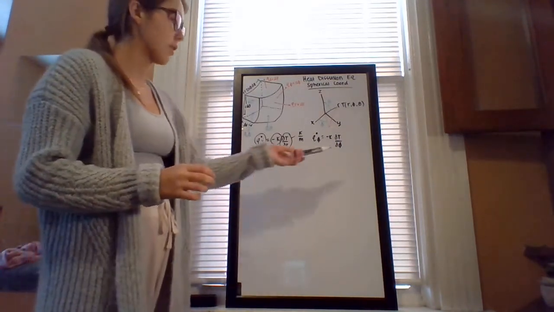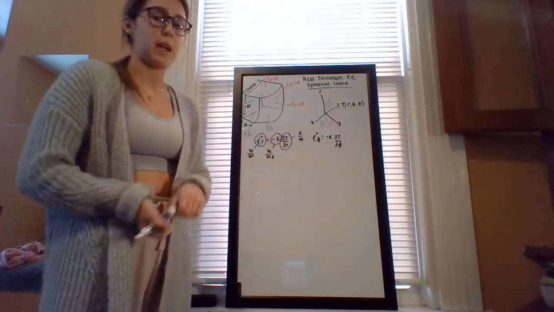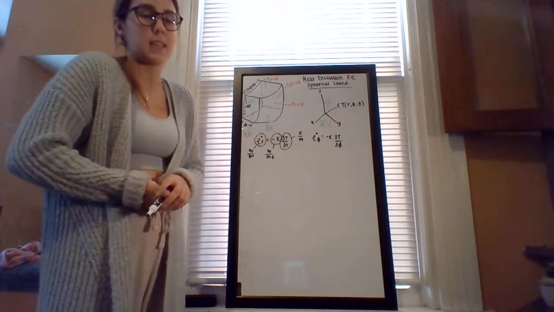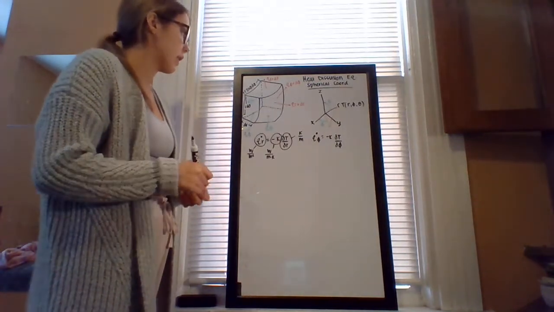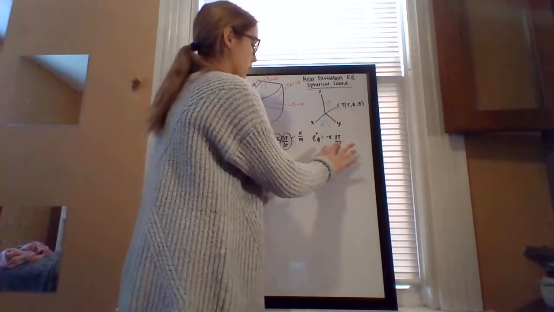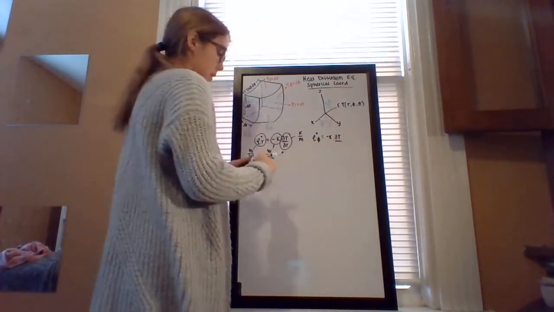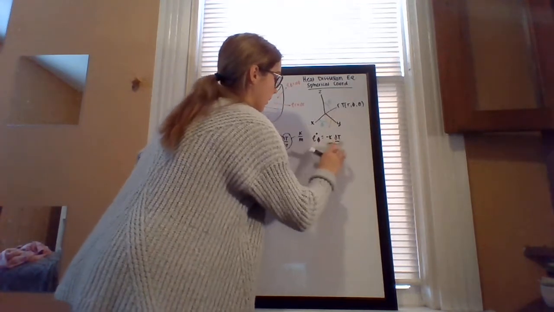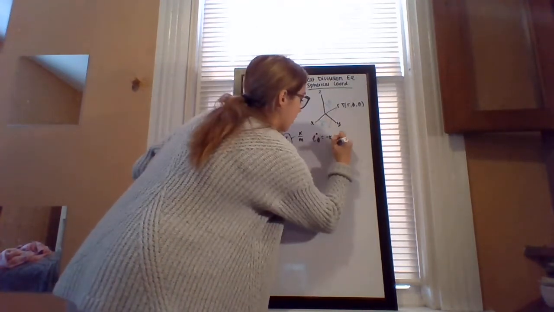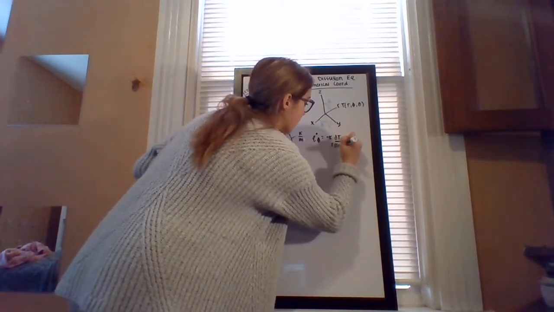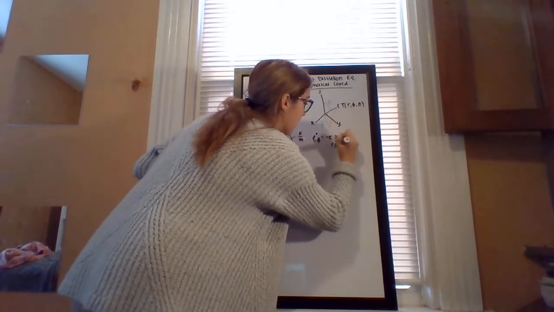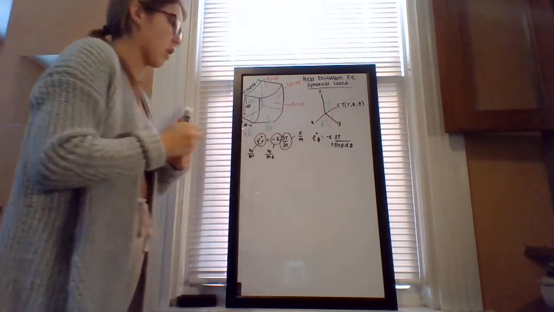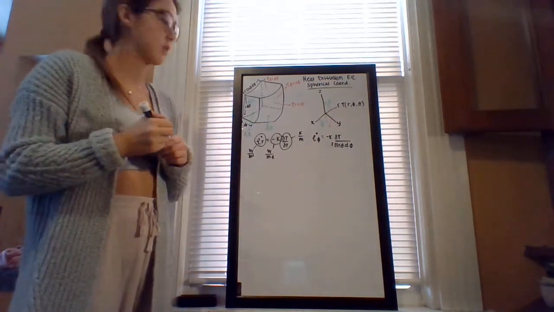But if it was just d phi, then that would be radians on the bottom, and radians are basically unitless. So you need some sort of distance down there, and the distance that we're going to use is r sine theta. So it should be r sine theta d phi, and that way all the units work out.